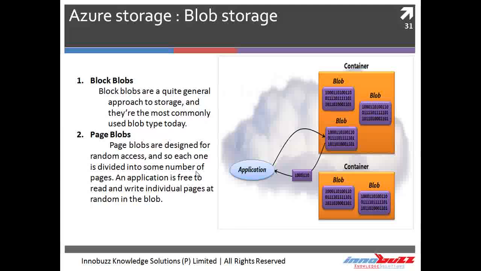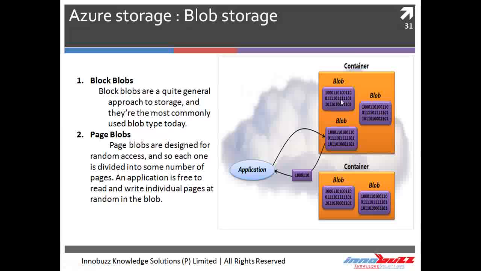Page blobs are designed for random access, so each one is divided into some number of pages, like a book. An application is free to read and write individual pages at random in the blob. So when we go with the block blob, if we have to look, let's see over here, you have to read through all this and go over here.